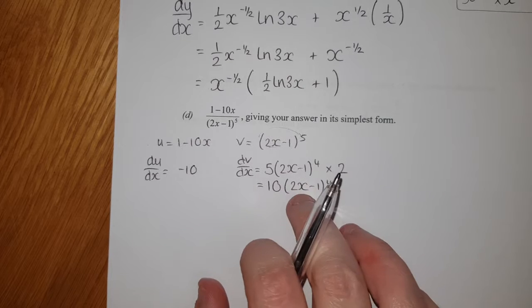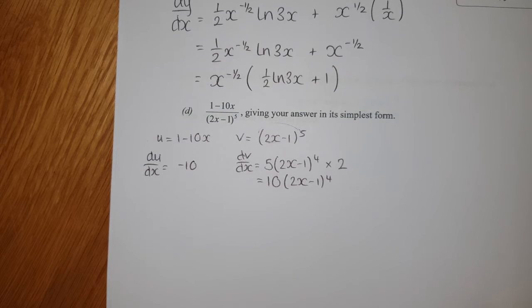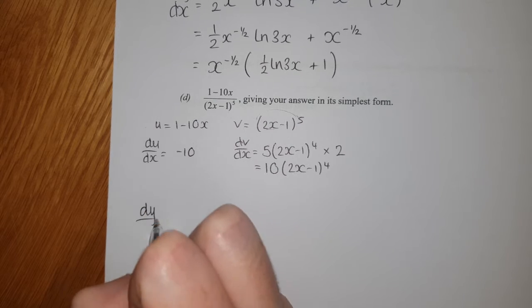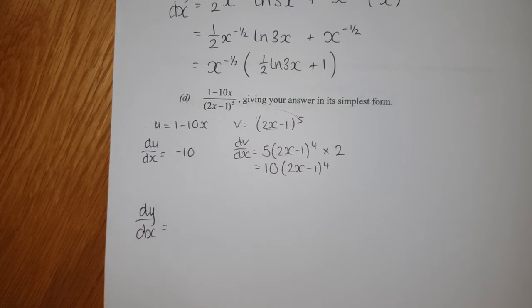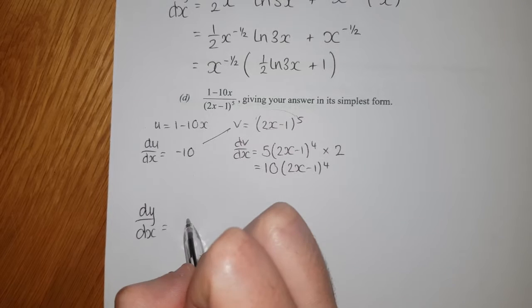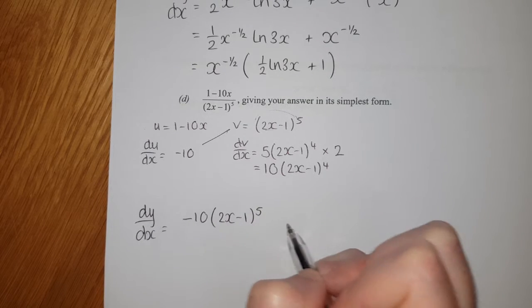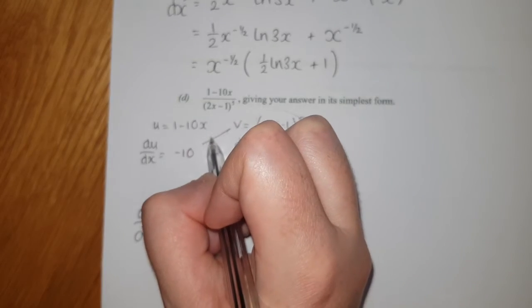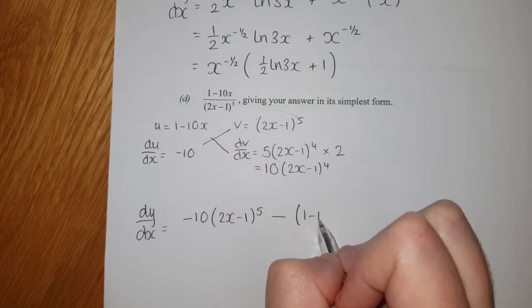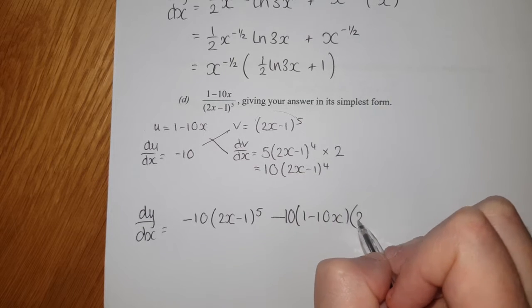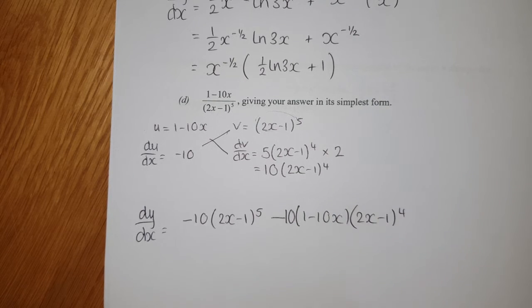It doesn't matter if you do this or if you have to write it out on the side, it's whichever is more useful to you. And then we're just going to use our quotient rule, and this is not going to be a pretty looking answer. So v du dx, you get minus 10 lots of 2x minus 1 to the 5 minus u dv dx, which is 1 minus 10x times by 10 lots of 2x minus 1 to the 4.